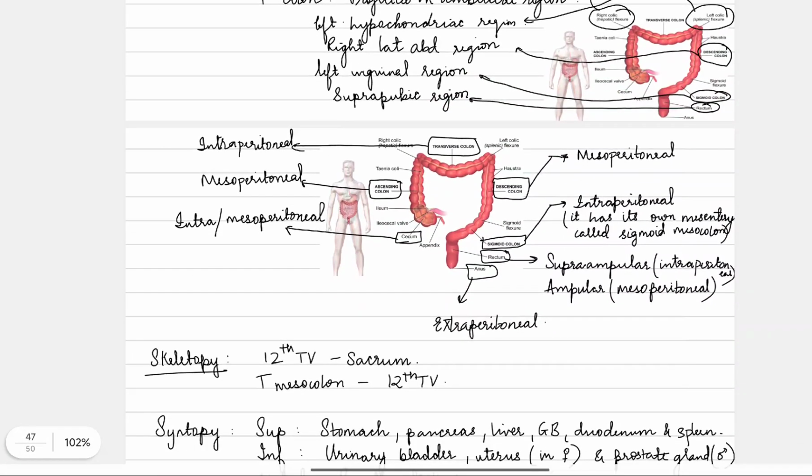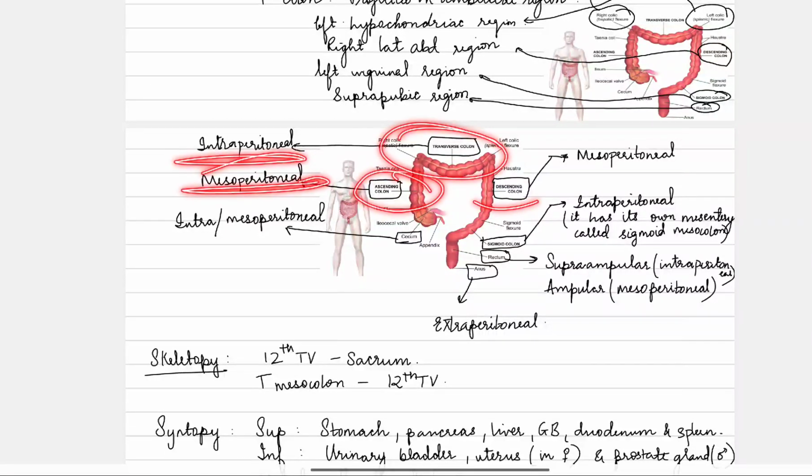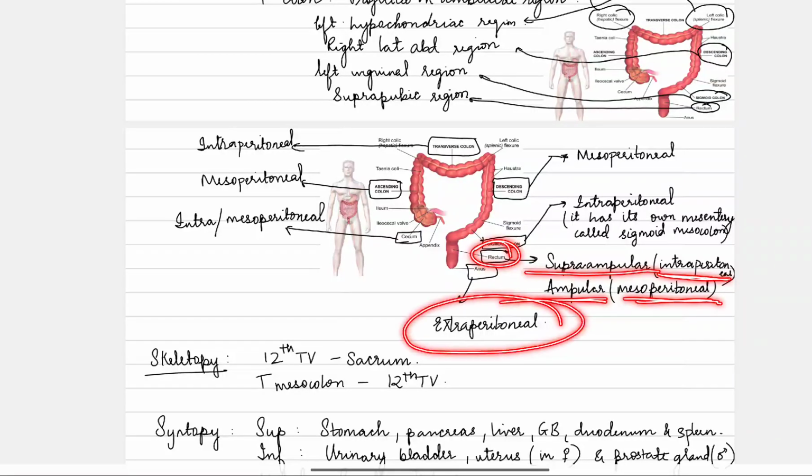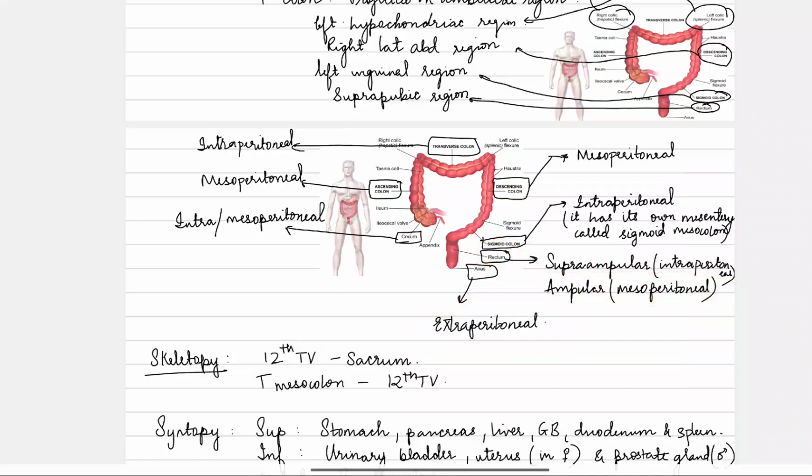Next is serous covering. The cecum, it is intra or mesoperitoneal. Ascending colon is also mesoperitoneal. Transverse colon is intraperitoneal. Descending colon is mesoperitoneal. Sigmoid colon is intraperitoneal and it has its own mesentery called sigmoid mesocolon. Rectum is supraampullary, which is intraperitoneal. Ampullary is mesoperitoneal, and anus is extraperitoneal.